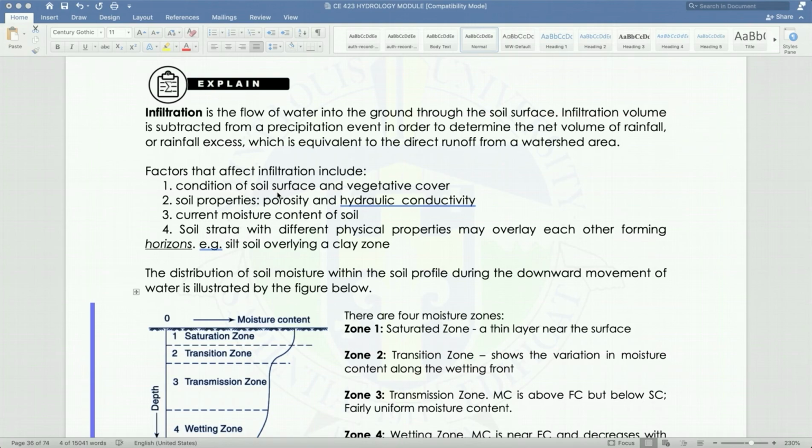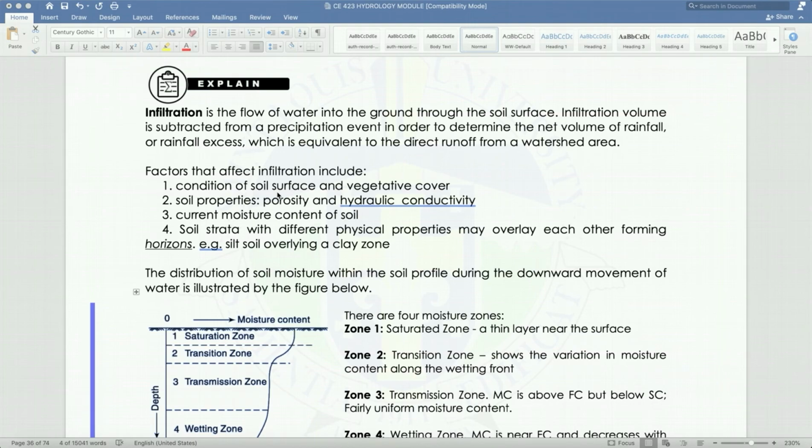If we compare the two, the soil has more voids and is more permeable compared to concrete, which is less permeable. Therefore, mas mabilis yung pagsip ng water, or infiltration of water through the soil versus the concrete.